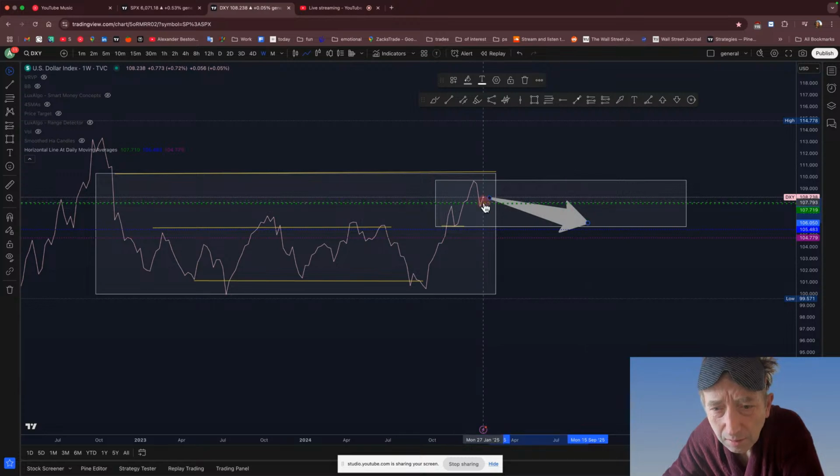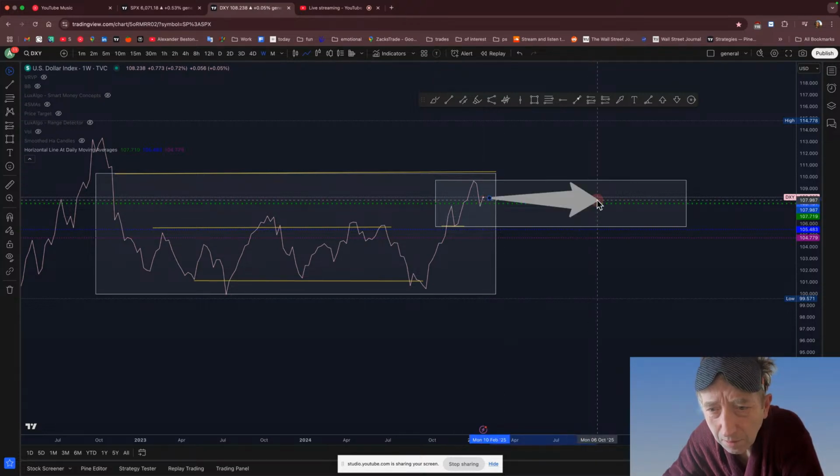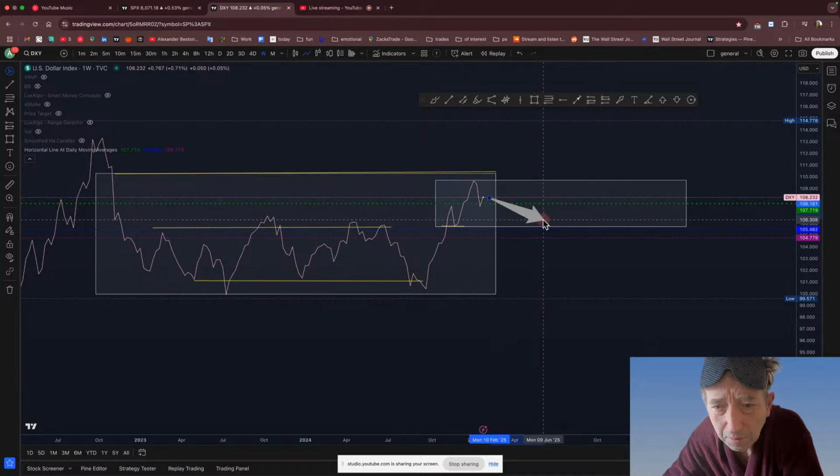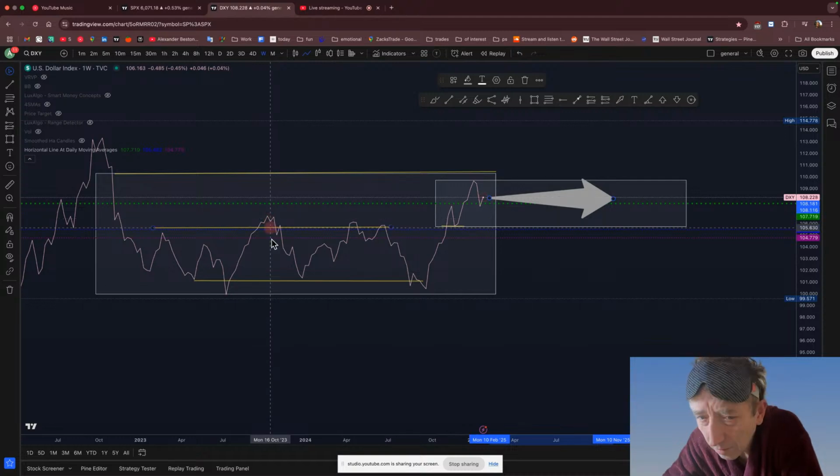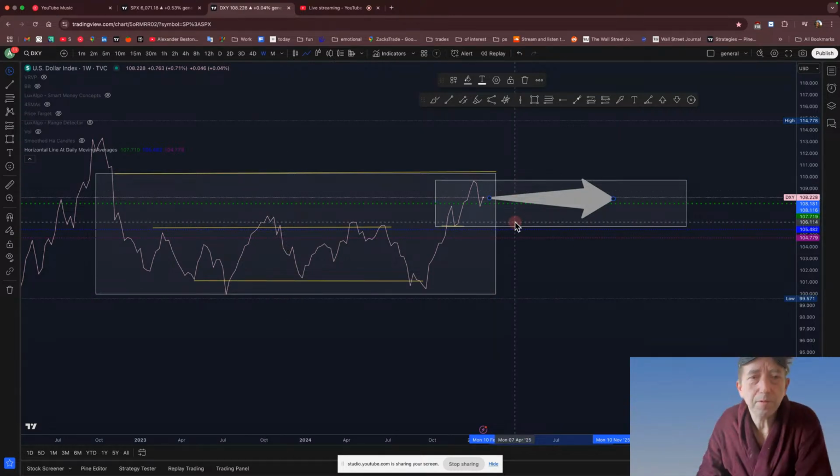And now we are fairly much in the middle of these two possible ranges. So I'll be keen to see how it pans out. There was a larger range before, 106 down to, there was a 6-point difference, but this is only a 3. Right, there we go. That's all I have to say on that one.